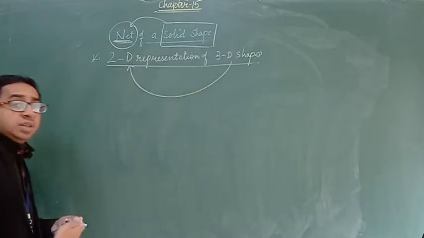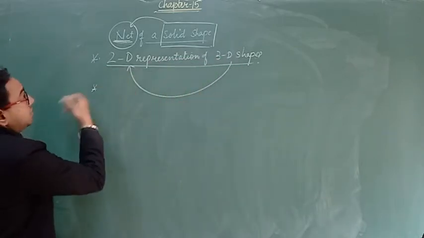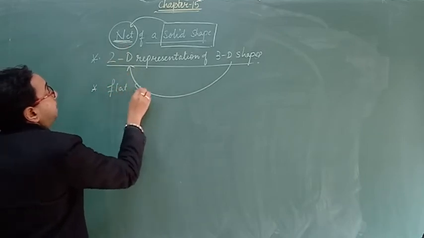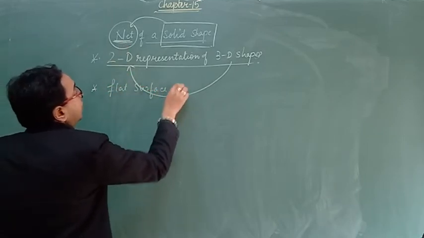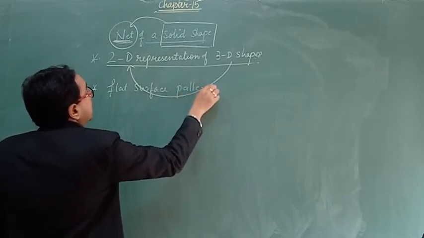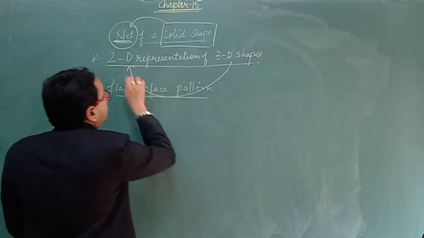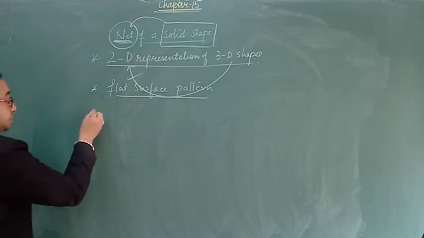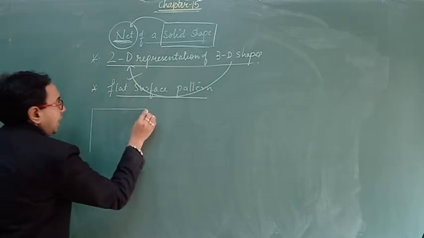Let's observe how. Net is a flat surface pattern, so if I convert anything into a flat surface, it will convert into a 2D shape. I'll give an example of a cube. For example, I have this cube with me.